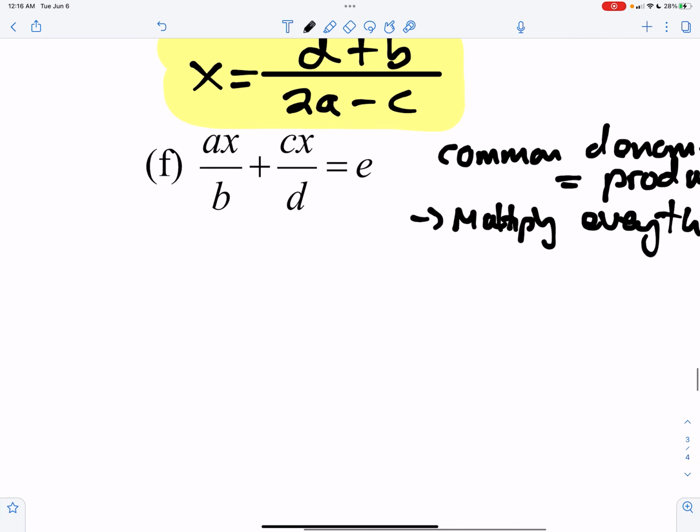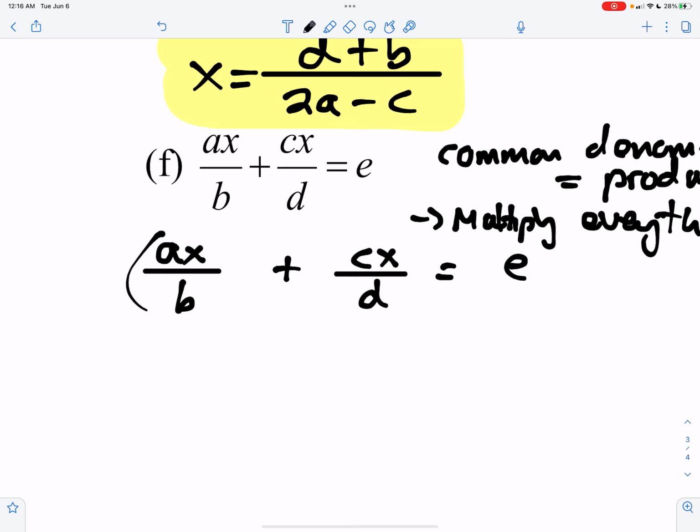I'm going to take ax over b, and spread things out a little bit, plus cx over d equals e. And I'm going to multiply each term by the common denominator of bd. You have to multiply everything by this. Okay, everything.